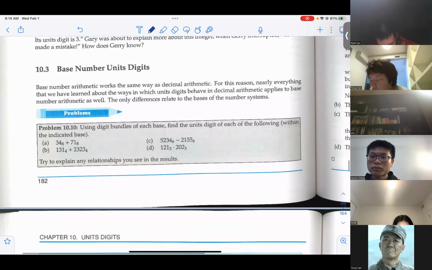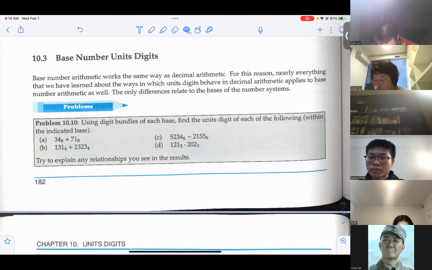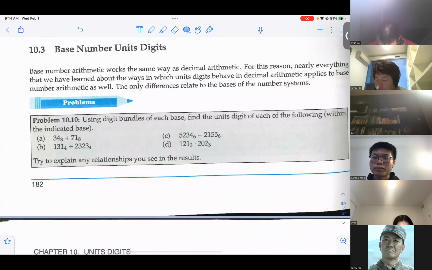Okay, so in the next section, we're going to look at units digit in other number-based systems, which basically has the same principle as we did in base 10. So for these, you just need to add, subtract, or multiply the units digit, right?